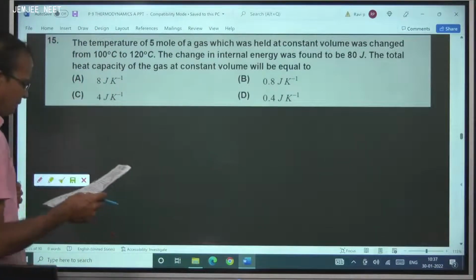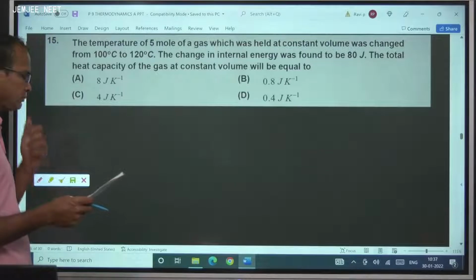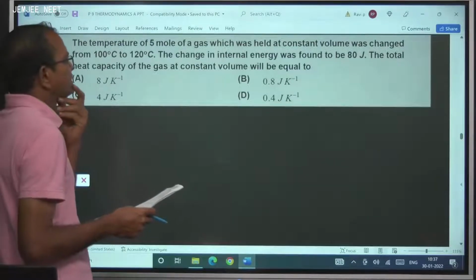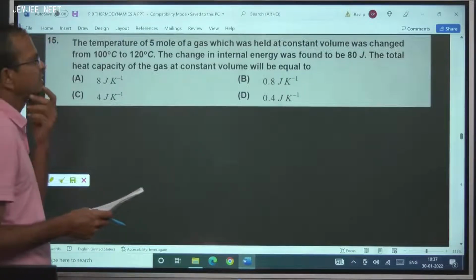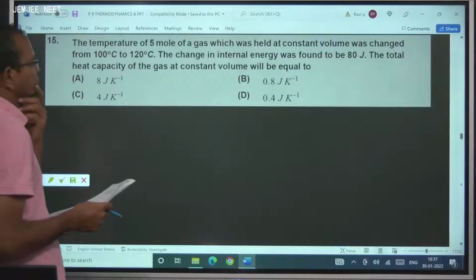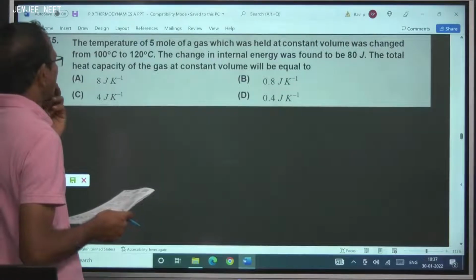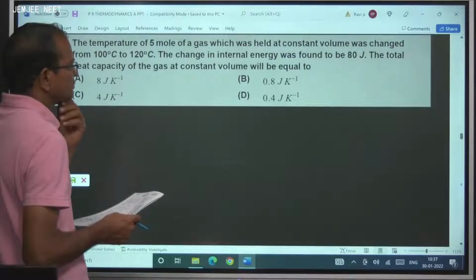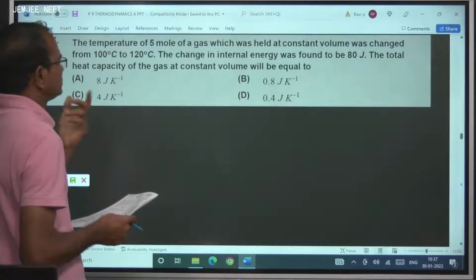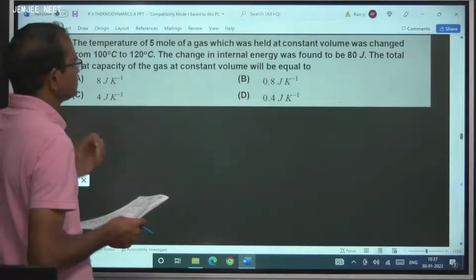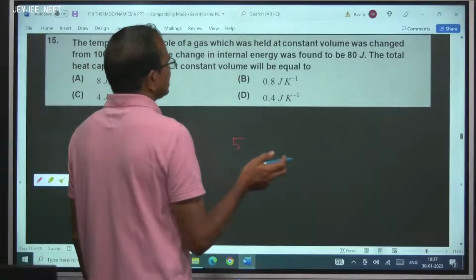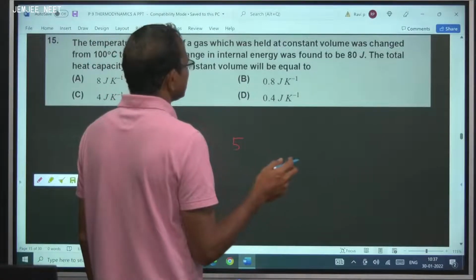Come on. Question number 15. The temperature of 5 moles of gas which was held at constant volume was changed, and the change in internal energy is found to be 80 joules. Okay, constant volume.